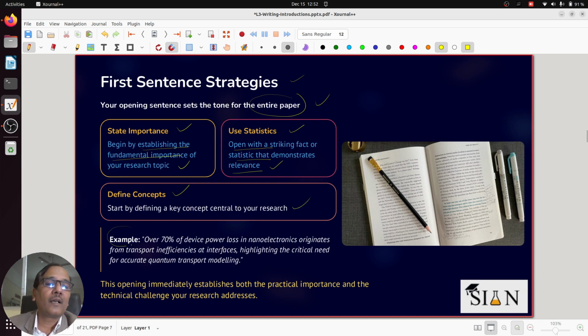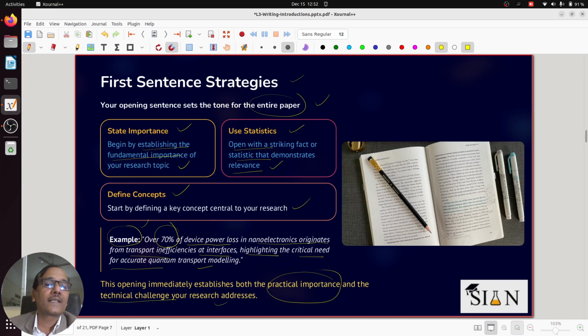One example I am giving here: over 70%, this is the statistic, of device power loss in nanoelectronics originates from transport inefficiencies at interfaces, highlighting the critical need for accurate quantum transport modeling. This opening immediately establishes both the practical importance and the technical challenge your research addresses.